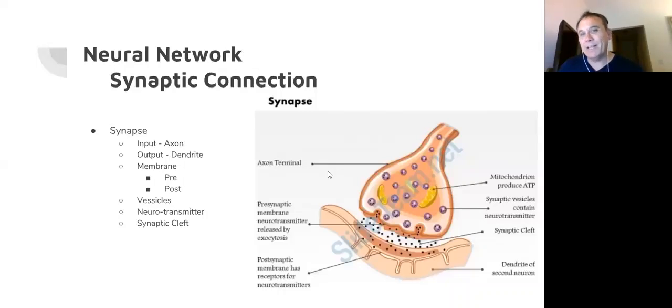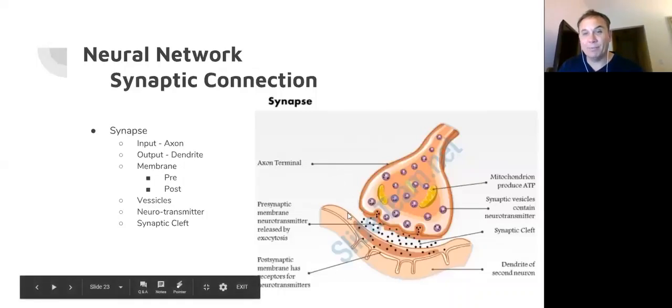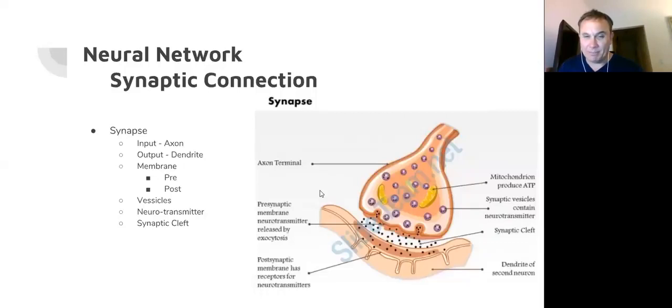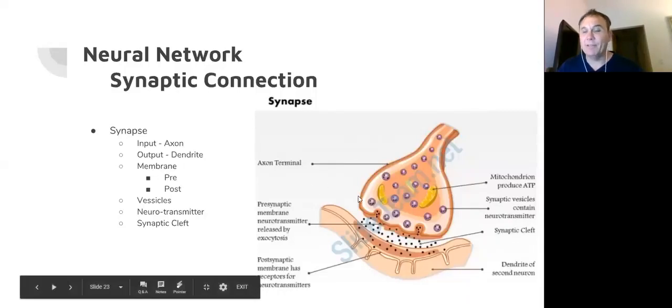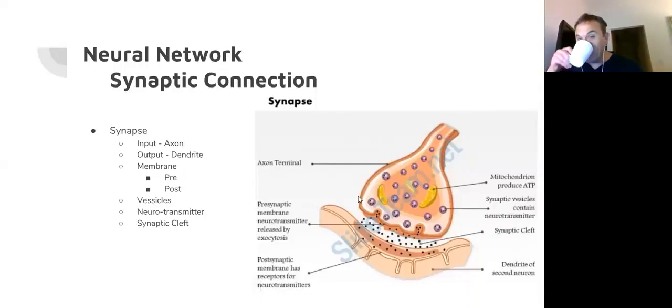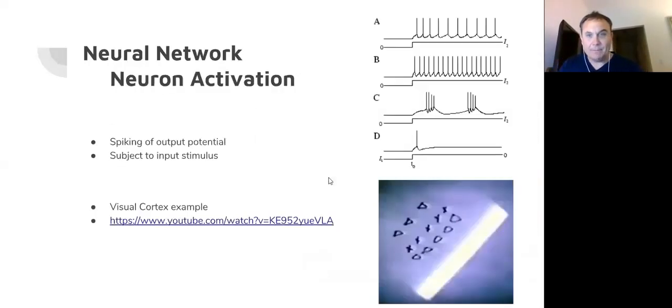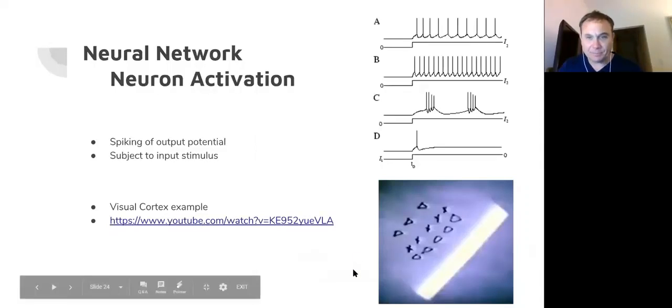Memory isn't necessarily here, but you can see how this is very important for the strength, and also the more synapses you have connecting the neurons better, the more information, and that grows with memory. Okay, so that's the structure of the neurons.